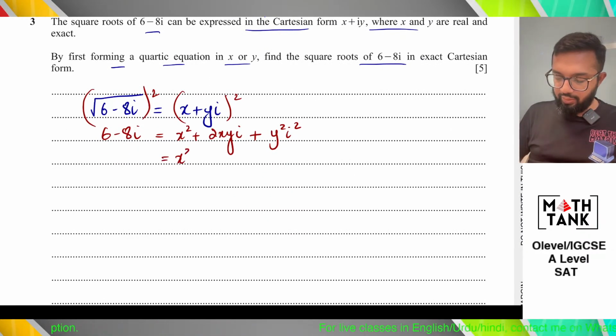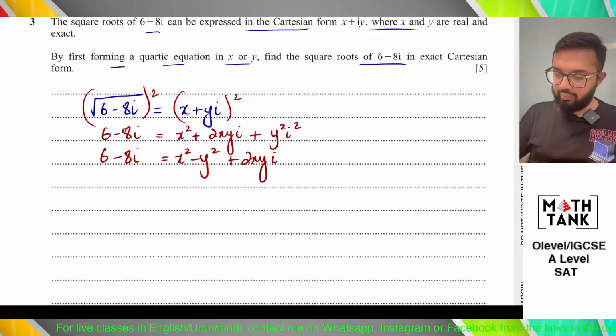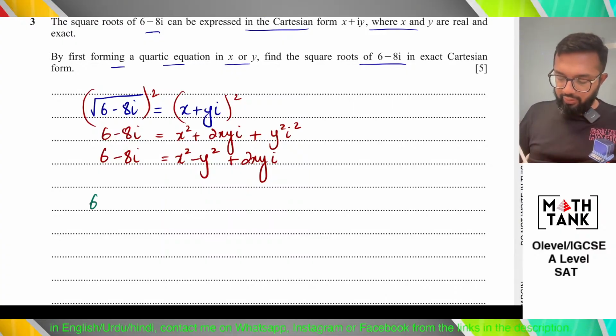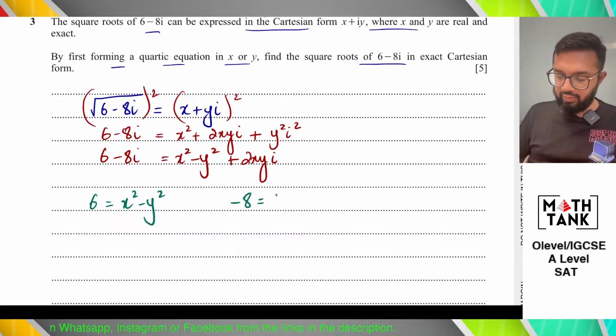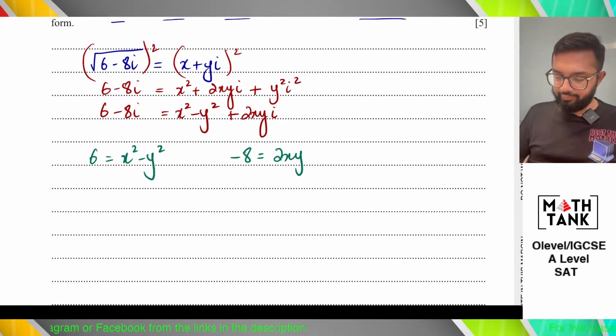So x squared minus y squared plus 2xyi. 6 equals x squared minus y squared. Minus 8 equals 2xy. Minus 8 over 2y equals x, or minus 8 over 2x equals y.